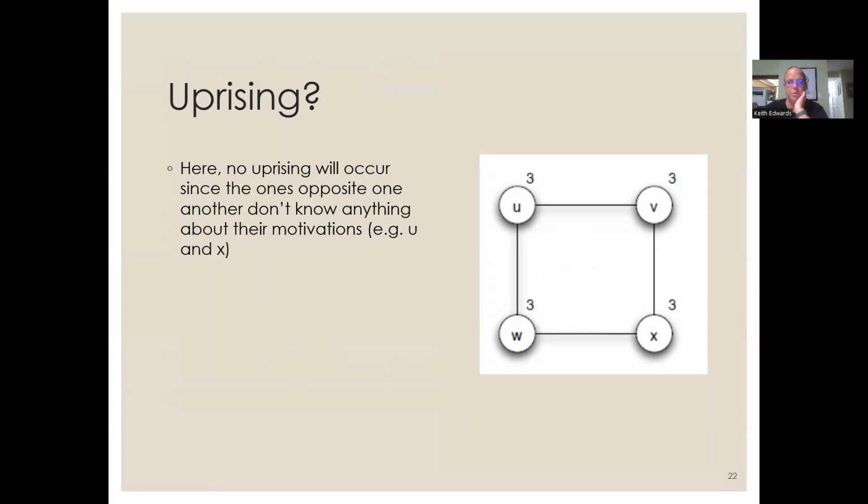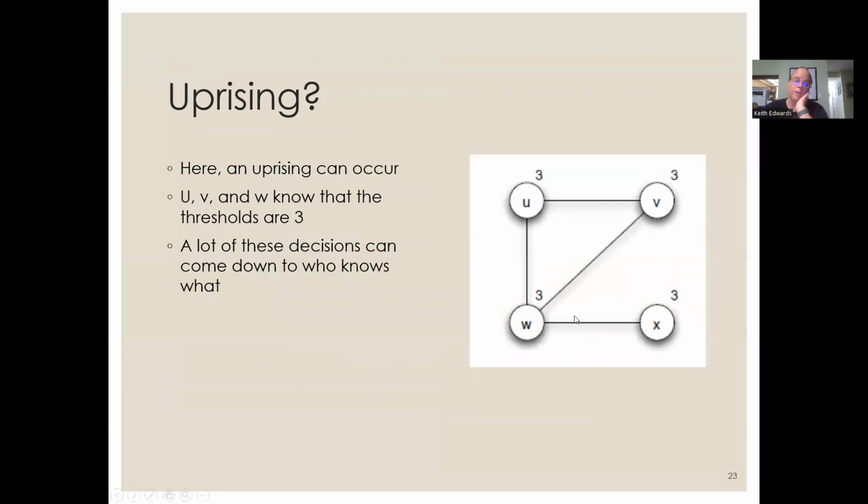So there won't be an uprising in this case. In this one, an uprising can occur because U, V, and W know that if they act in concert, each one of them has a threshold of 3, they'll join in. X probably won't because X isn't connected, but there's a large enough threshold that U, V, and W are going to have an uprising against the CEO.